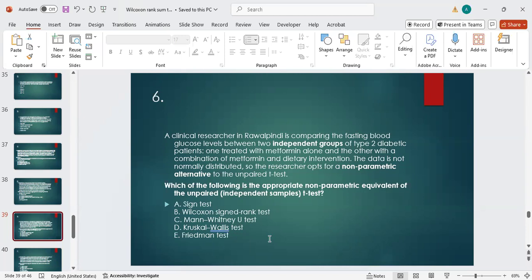Which of the following is the appropriate non-parametric equivalent of the unpaired t-test? Option A, sign test. Option B, Wilcoxon signed rank test. Option C, Mann Whitney U test. Option D, Kruskal-Wallis test. Option E, Friedman test. Mann Whitney. Yes, Mann Whitney is the right answer.